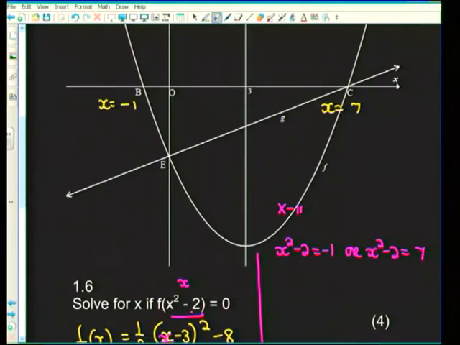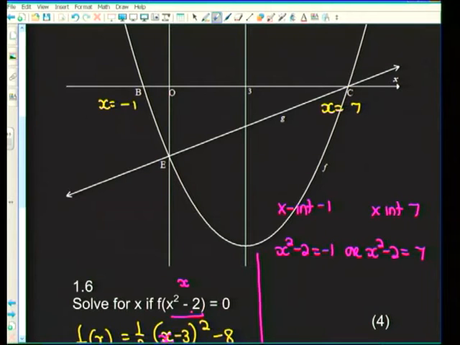So what I'm trying to say to you here is sometimes things will take longer. But if you're guaranteeing yourself that you'll get it right, it's worth that time. If you've got a short way that works for you and can get you out really quickly, then use it to your advantage. So basically the x-intercept is -1. The other x-intercept is 7.